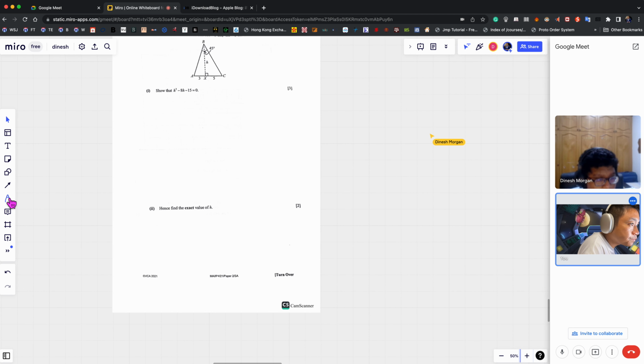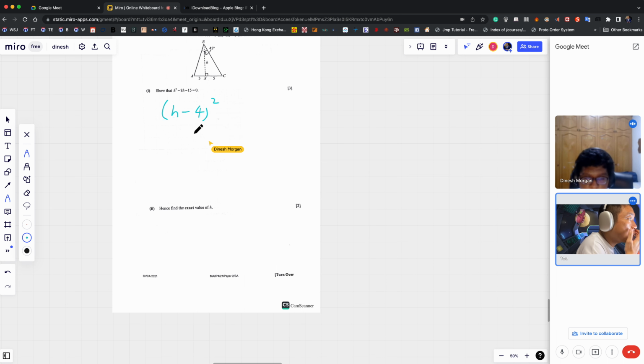Okay. So how do you get the completing square? So it's h minus 4, right? Square it. And then you have the plus 16 here. So in order to have minus 15, you have a plus 16. So it's minus 31. So it's equal to 0, right? Therefore you have this thing is 31.